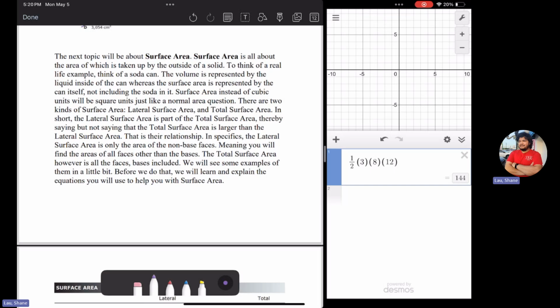For example, if I'm looking at the lateral surface area of a triangular prism, I'm not going to include the triangles, only the 3 rectangles that I have. That's all I want for lateral surface area. Whereas for total surface area, I want the 3 rectangles from my lateral surface area and my 2 bases. So I'm going to have more in my total surface area equation than in my lateral surface area equation.